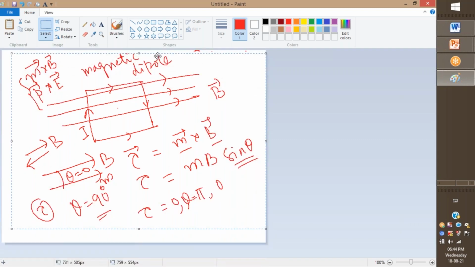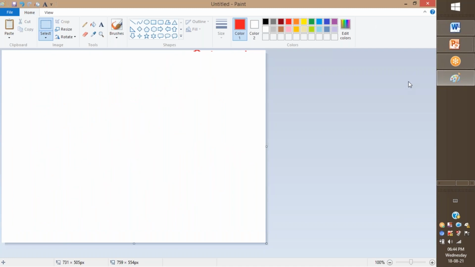That's why, as we'll see in the moving coil galvanometer, it is always desirable to keep the loop in a uniform magnetic field, and the direction of the magnetic field has to be perpendicular to the direction of M, the magnetic moment vector, or A, the area vector.